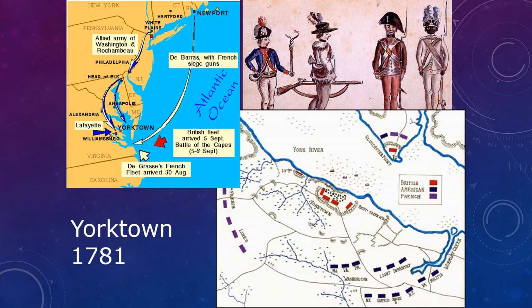Joseph Plum Martin said he saw Robert Morris hand a note to one of his assistants. And that night, some wagons rolled into the camp, and Martin said that was the first time they'd been paid since he'd been in the Army. 5 years, no pay.